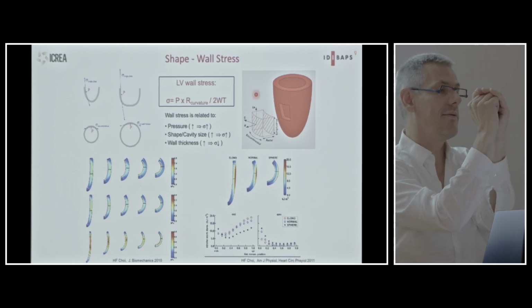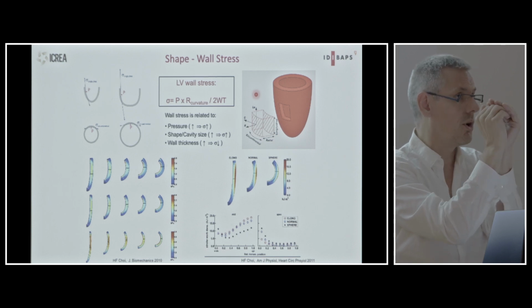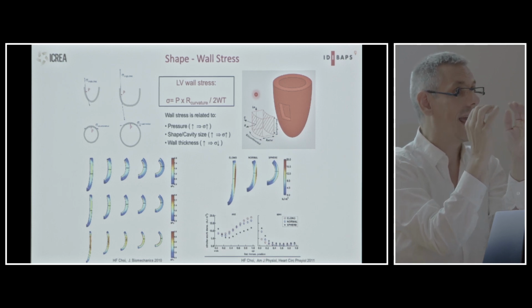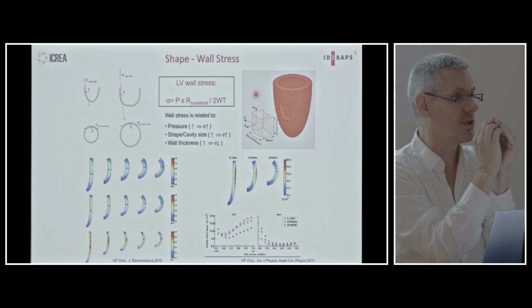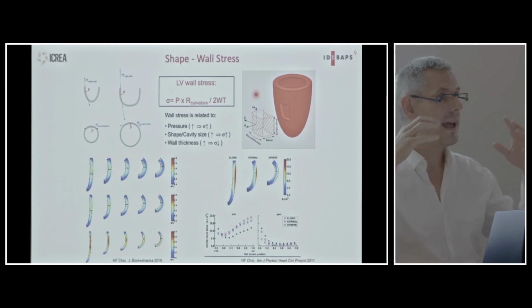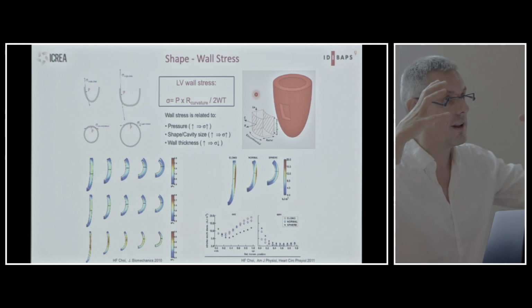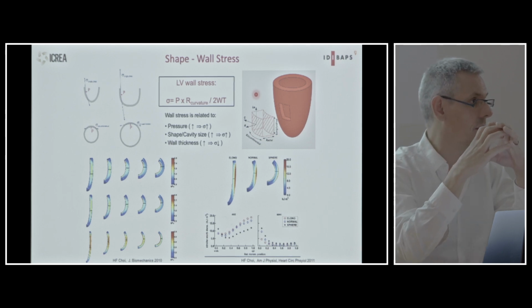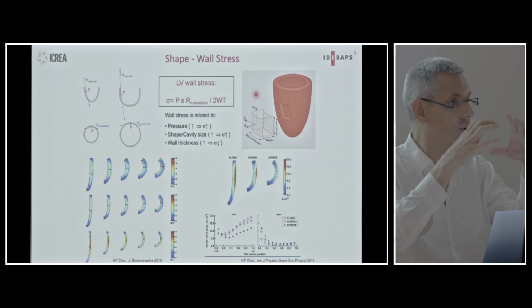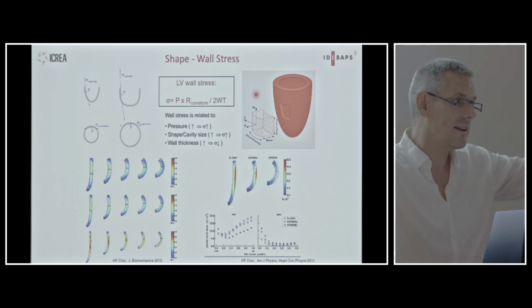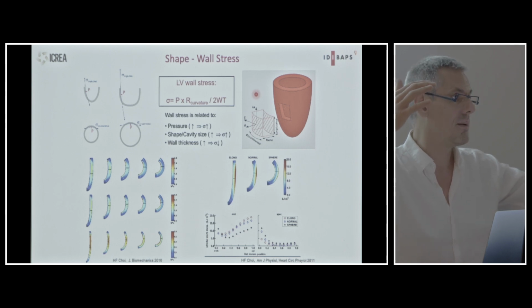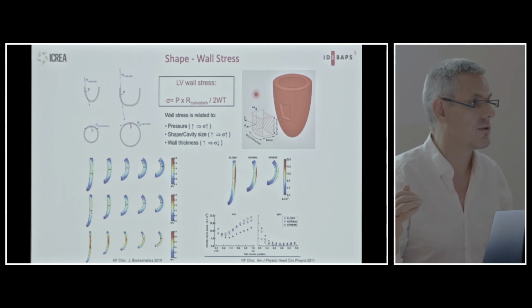So we said before, a very small ventricle with a small radius of curvature can withstand much higher pressures because intrinsically the wall stress is lower. So that's why a very pressure overloaded ventricle tends to become smaller and smaller, because that's a natural way to reduce the impact of the pressure. Similarly, a very dilated heart cannot withstand any pressure loading because that translates immediately into incredible wall stress.